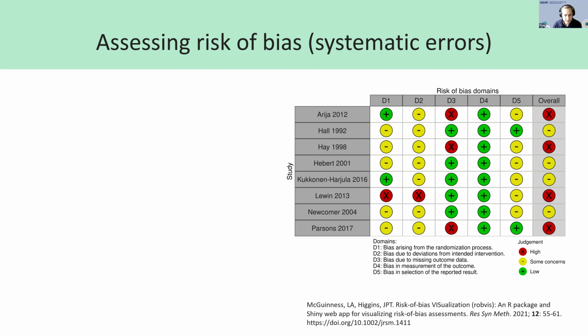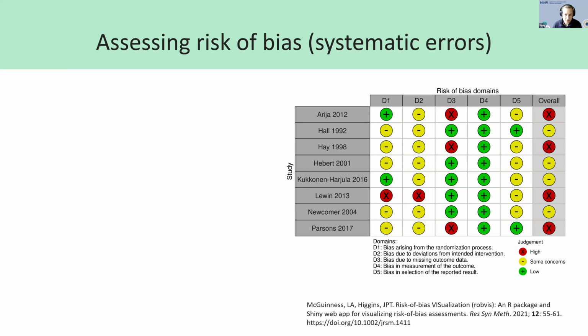You might be familiar, if you've looked through systematic reviews before, with this kind of graph or diagram where we've got a number of studies down the left-hand side, and they've been assessed for risk of bias in a number of domains, and perhaps overall as well as here.